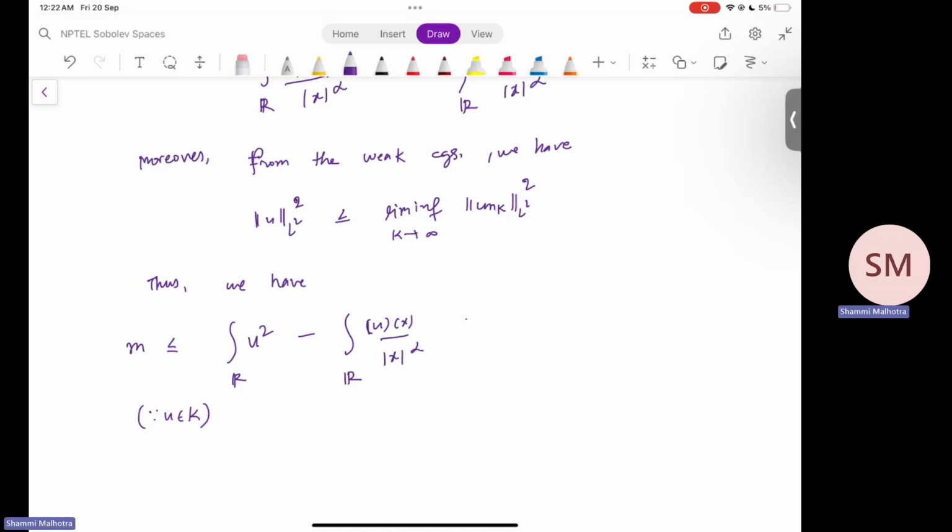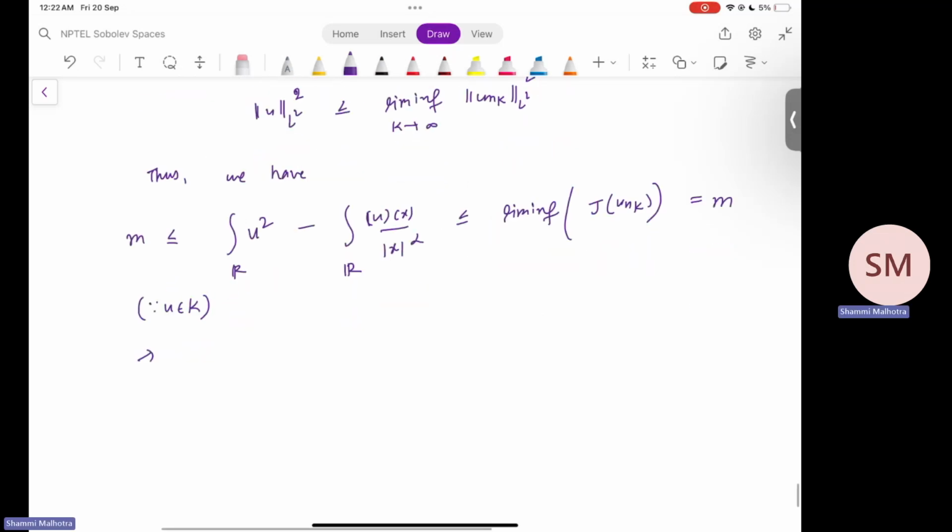Since u also belongs to K, this has to be greater than or equal to m, the value of J of u, and this is less than or equal to the limit of J of unk. This is just m only, and what this finally implies is that J of u is m only, so the minimum is achieved.